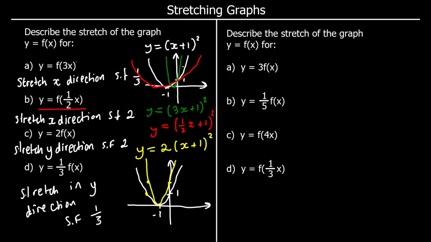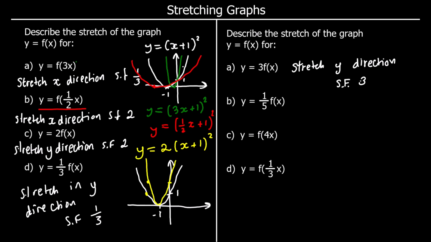The first one, the change is outside the bracket, so it changes the y, and it does what you'd expect, times by 3. All of the y coordinates are multiplied by 3. So we could say it's a stretch in the y direction with a scale factor of 3.